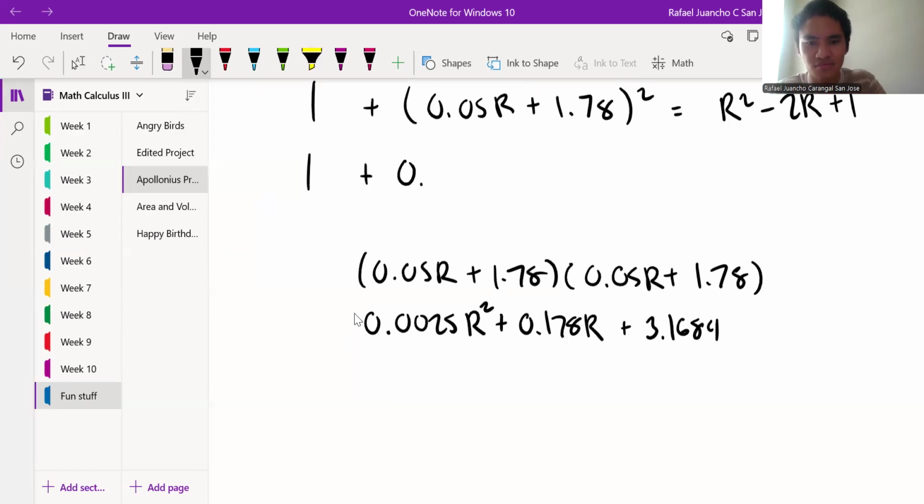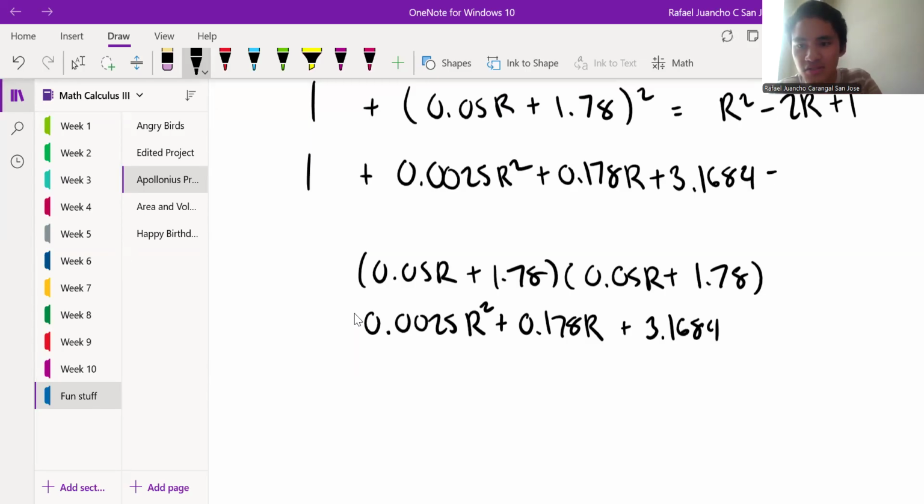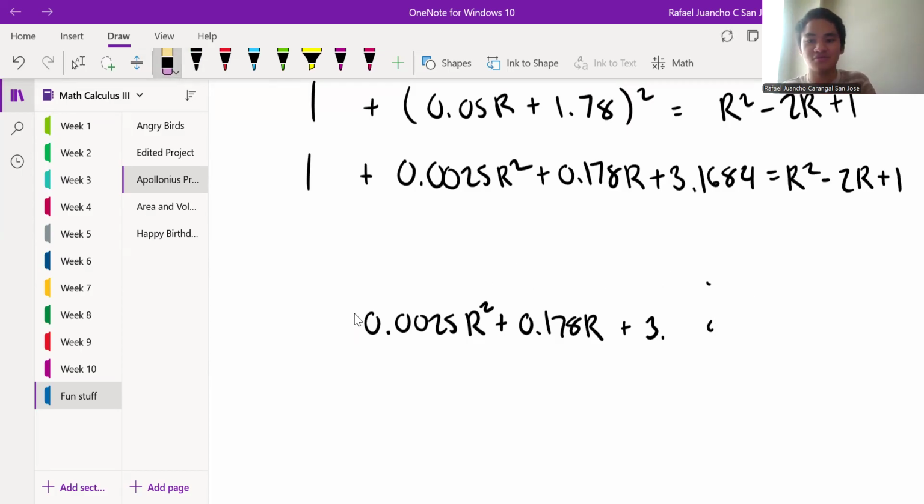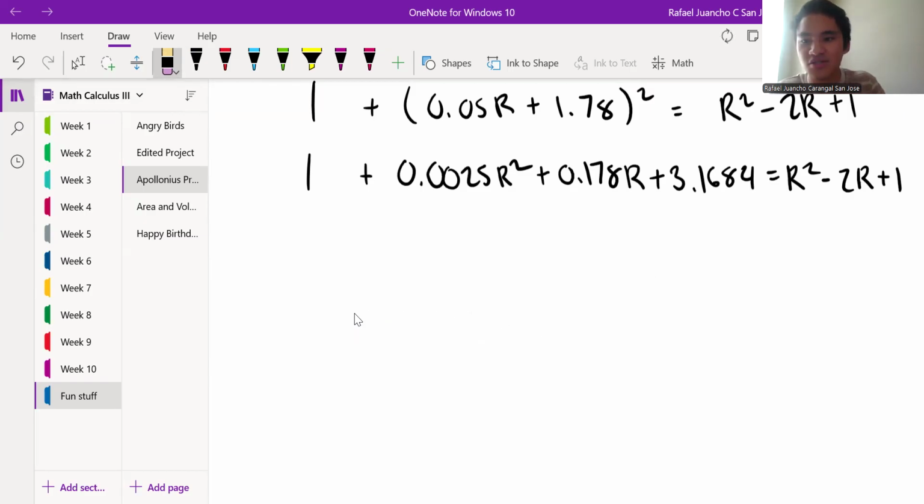There we go. Then this is equal to this. Okay. And then from here, I just add the 1. So this just becomes 4 point. Oh, I can actually just subtract the 1 on both sides. Let me just do that.